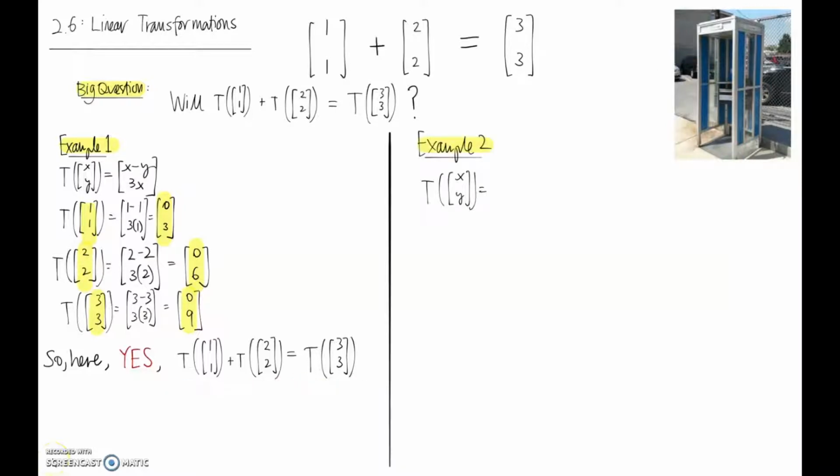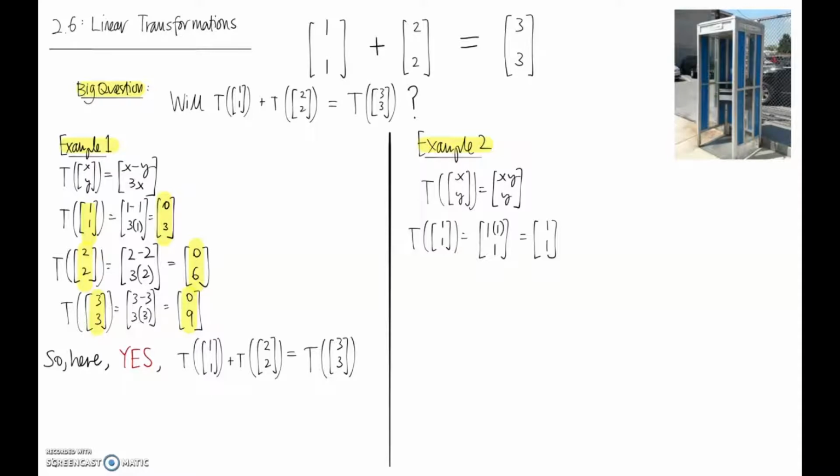Okay, this time the rule for the transformation in our second example is: you throw in a vector (x, y), and the transformation spits out the vector (xy, y). So for the vectors that we've already seen, T of (1, 1) will get sent to 1 times 1, 1, so that's just (1, 1).